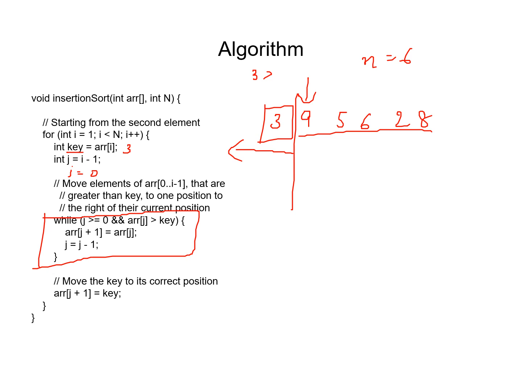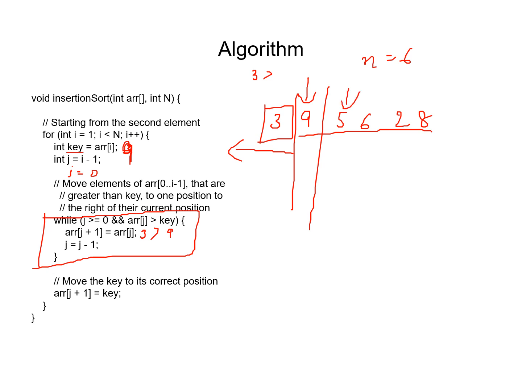So j plus 1 will be 1. And here I'll keep the key, that is the 9 here. Okay, so here array i is not 3. That will be 9 here, right? So array j is 3. Is 3 greater than key? No, right? So you will not perform this shifting operation. You will make array[j plus 1] the key. So j plus 1 is 9. So here 9 will be present.